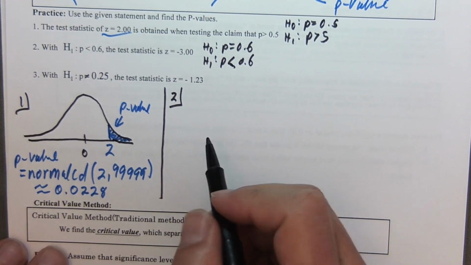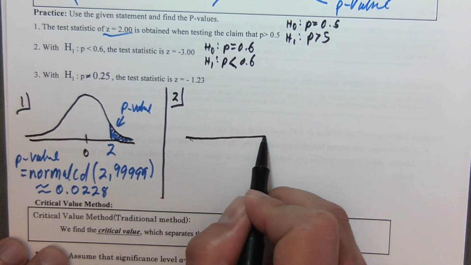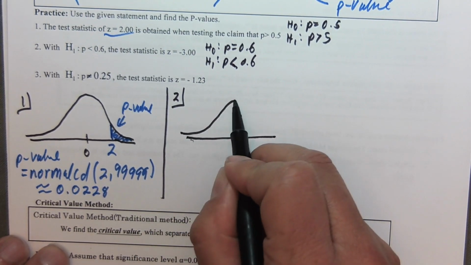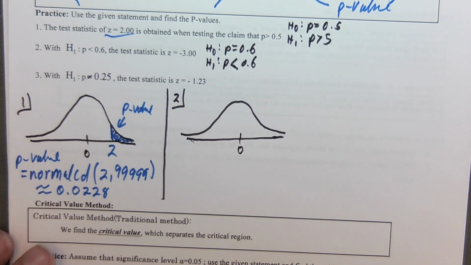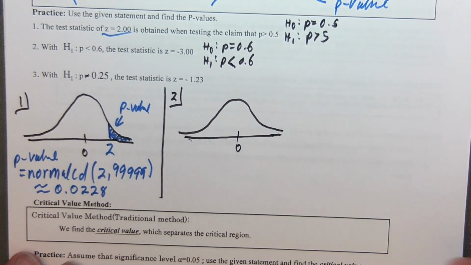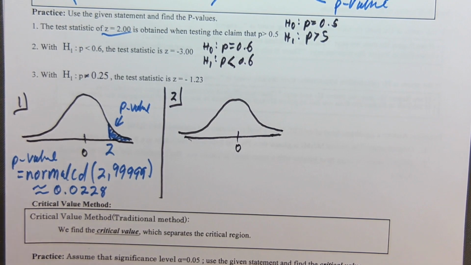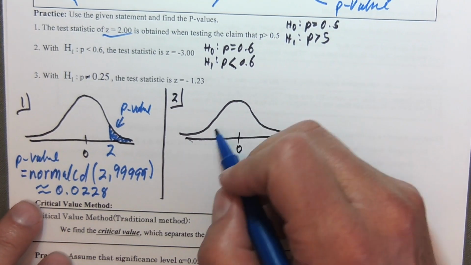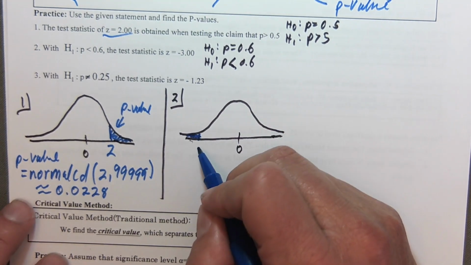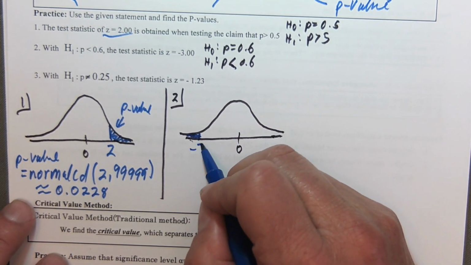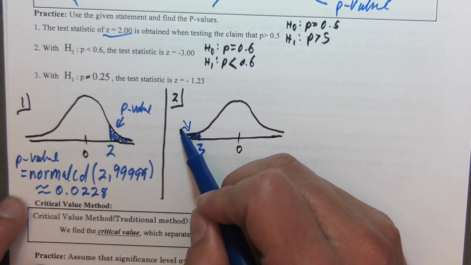Let's see what that means. So here we have our test statistic way back here. I'm guessing this is going to be a very small number. -3. So again, this is the p-value.